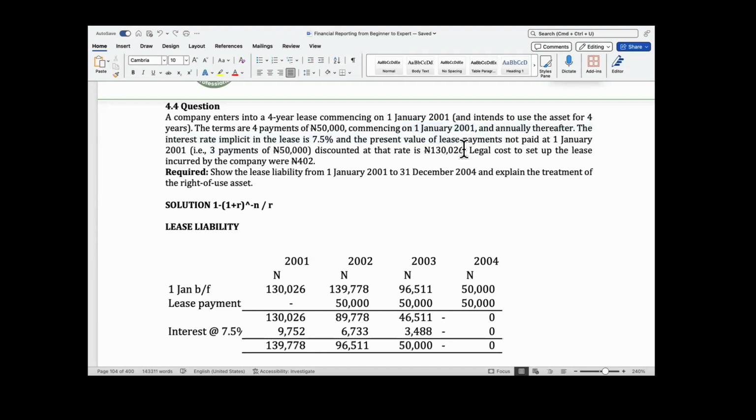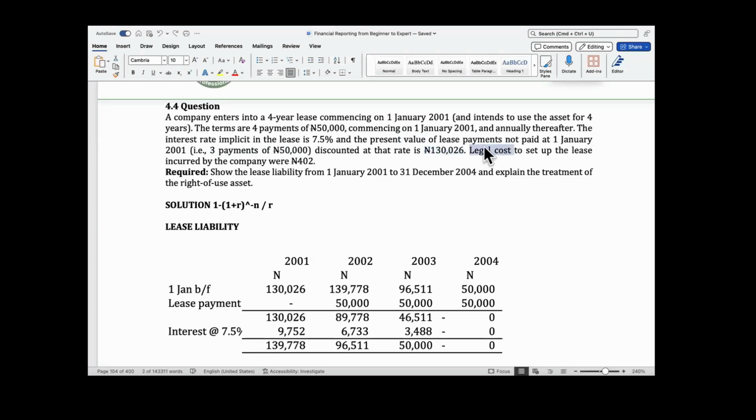That means that from the beginning of the year, we are not owing 4 payments anymore. We are only owing 3 payments. And that's why when they give us the PV of the future payments, the first payment we have settled will not be included, of course, because that has been settled. That's why they only give us the PV of just the remaining payments.